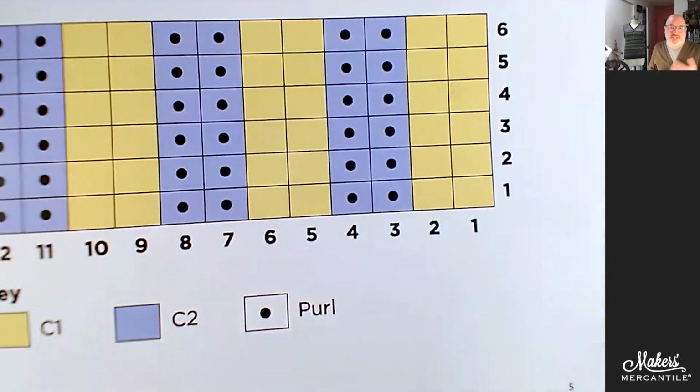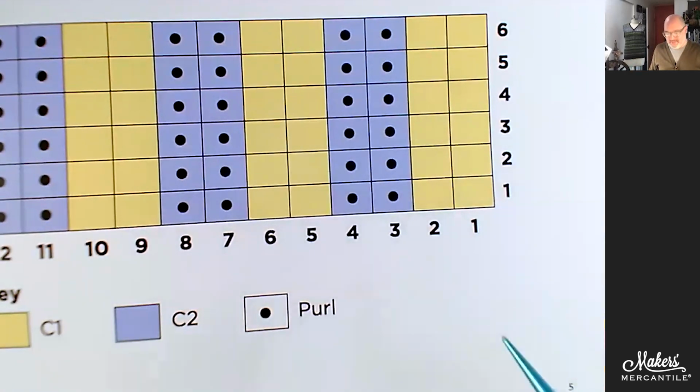Also, in your instructions, if this was for a hat, for example, you're going to cast on however many stitches, and it will say work in 2-color rib, 2 by 2, until the work measures whatever, 1.5 inches. So you know that knit 2, purl 2, rib has 2 knit stitches, right?